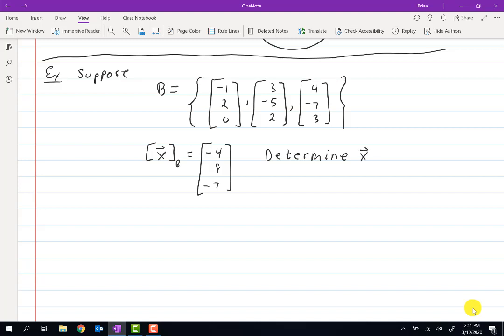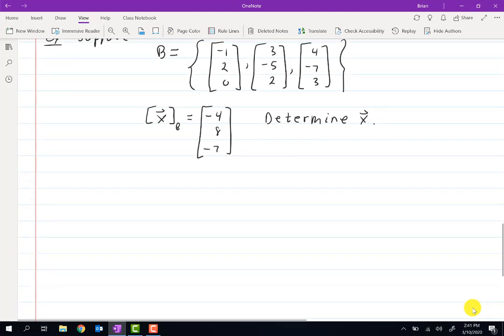Determine x. So the way this works is this guy here is in the B basis. So this represents the coefficients, if you will, or the weights, as I've seen some books call it, that we give to each of the vectors in the basis.